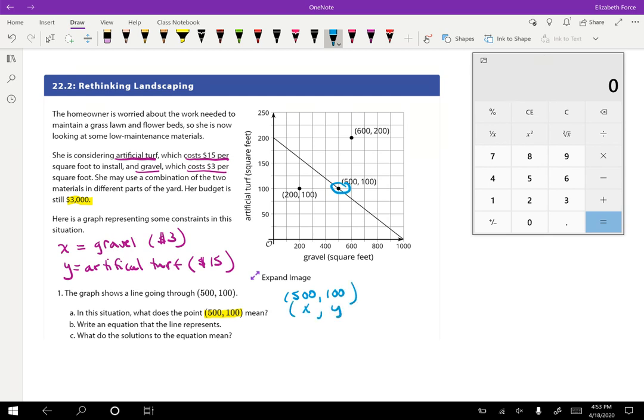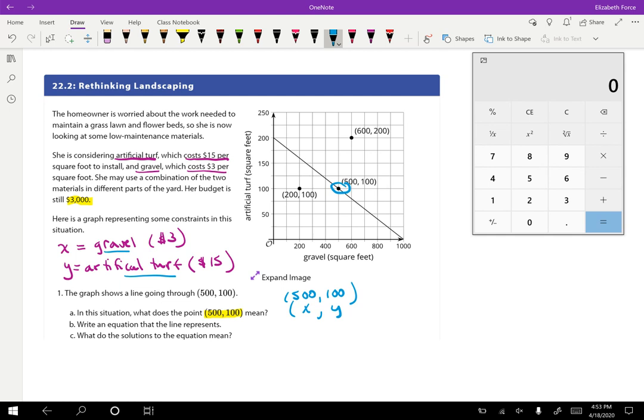So because x represents gravel and y represents artificial turf, and this point is on the line of our equation, then we know that she can afford 500 square feet of gravel. So I'll write that out in a sentence.